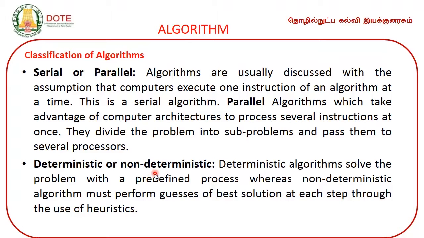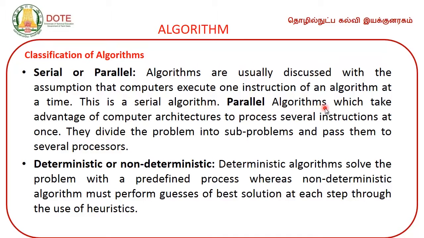Generally, programs are executed in a sequential manner in a simple computer. So, algorithms are usually discussed with the assumption that the computer executes one instruction of an algorithm at a time. That means, each instruction is executed one by one. This leads to a serial algorithm.